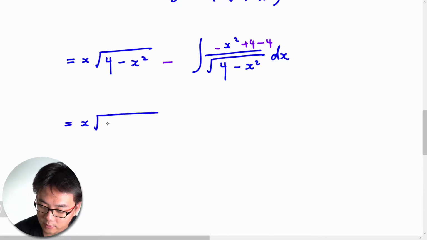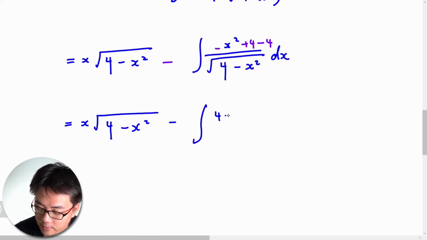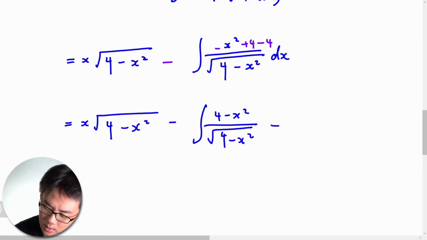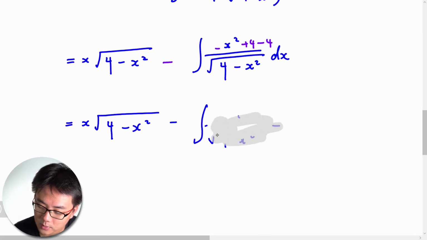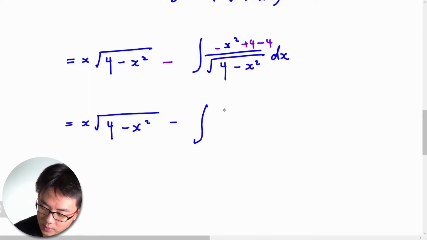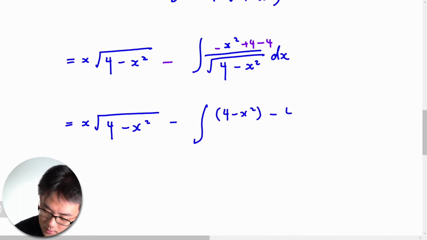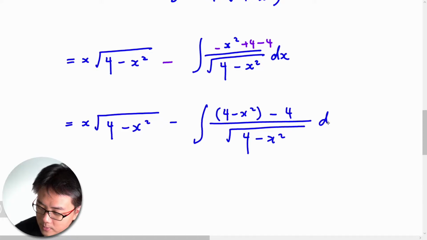So this is 4 minus x squared minus 4, minus x squared over the square root of 4 minus x squared. Okay, maybe I shouldn't skip this step. It may be a bit confusing for some. So I slowly group it up with 4 minus x squared minus 4. Okay, this is how you do it.